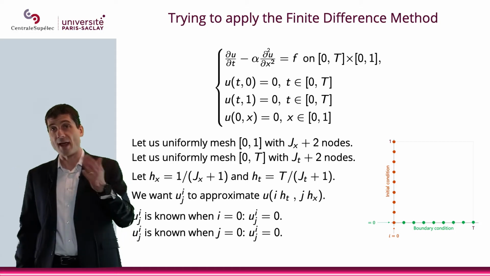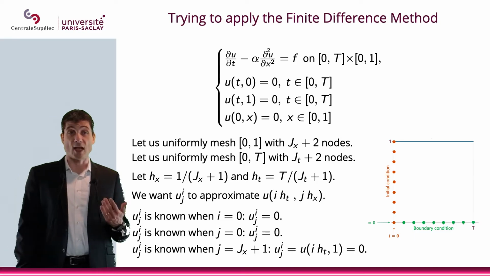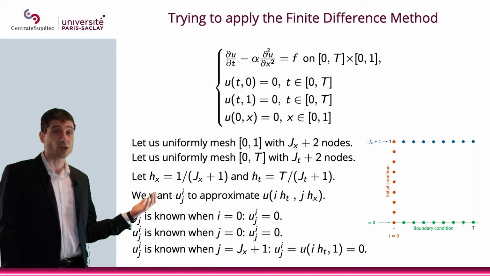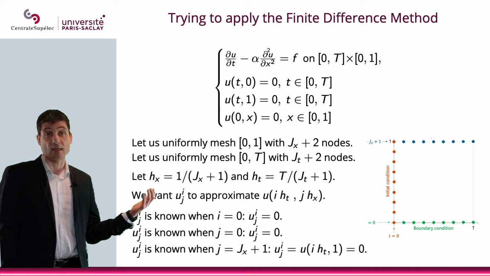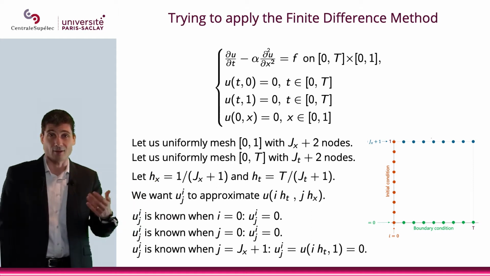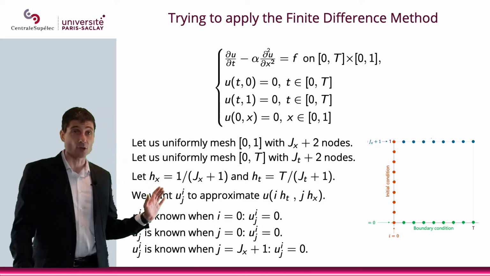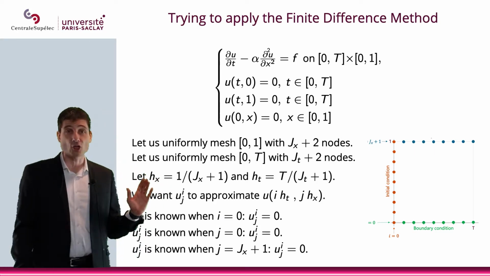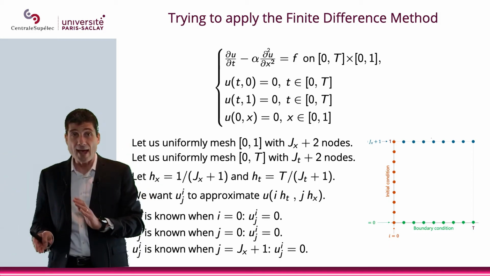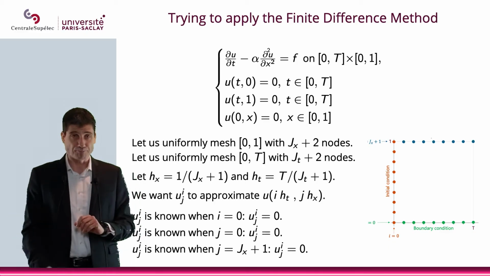And on the other end of the interval, when j is equal to Jx plus 1, u_j^i is going to be equal to 0 because obviously it's the boundary condition on the other end. So this is the information you know. You have u_j^i when j is equal to 0, j is equal to Jx plus 1, and for every single j when i is equal to 0.